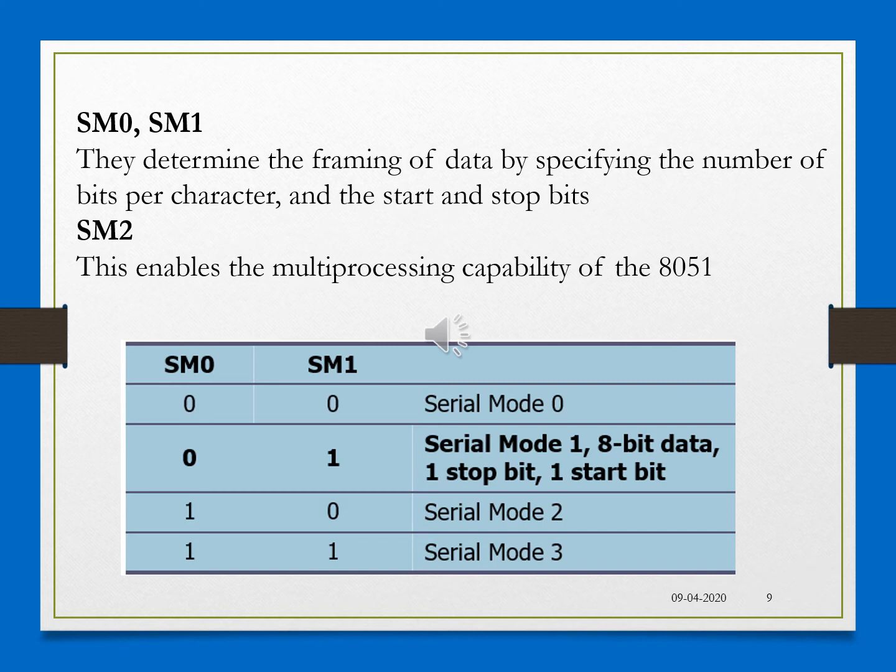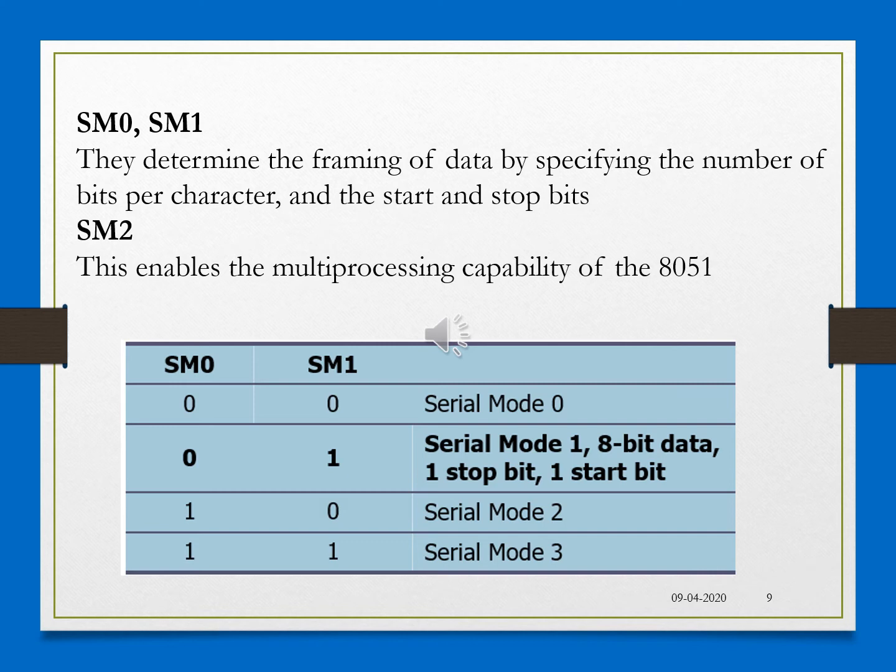Okay. SM0 and SM1, as I said earlier, decide the serial communication modes. When these two bits are 0, 0, then it is serial mode 0 operation. 0, 1 is mode 1 type of operation. 1, 0 is mode 2. 1, 1 is mode 3.